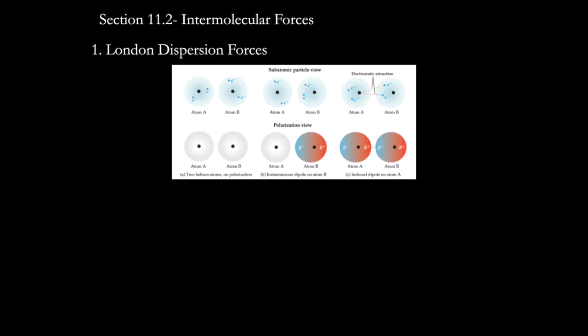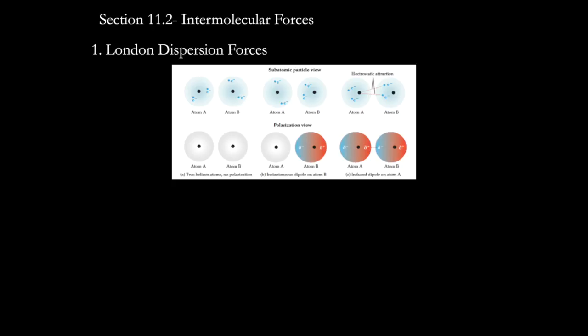charged. Well, since it's partially positively charged, that's going to have an effect on atom A, as you can see in the C diagrams. The partial negative is going to repel the electrons in atom A, causing the left-hand side of atom A also to be partially negatively charged, while the right-hand side of atom A will be partially positively charged.